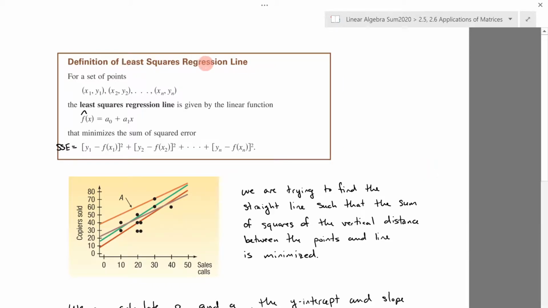Okay, so the last application we're gonna discuss is trying to calculate the least squares regression line for a given set of points.